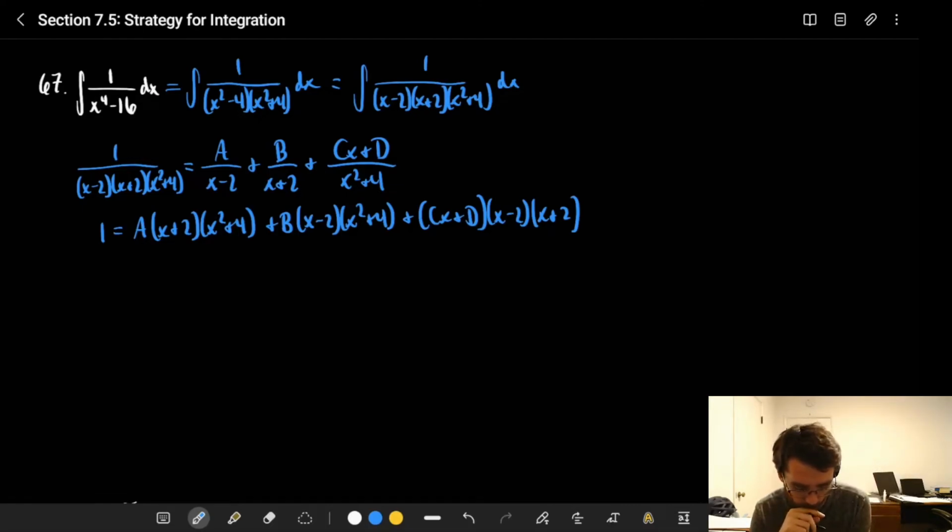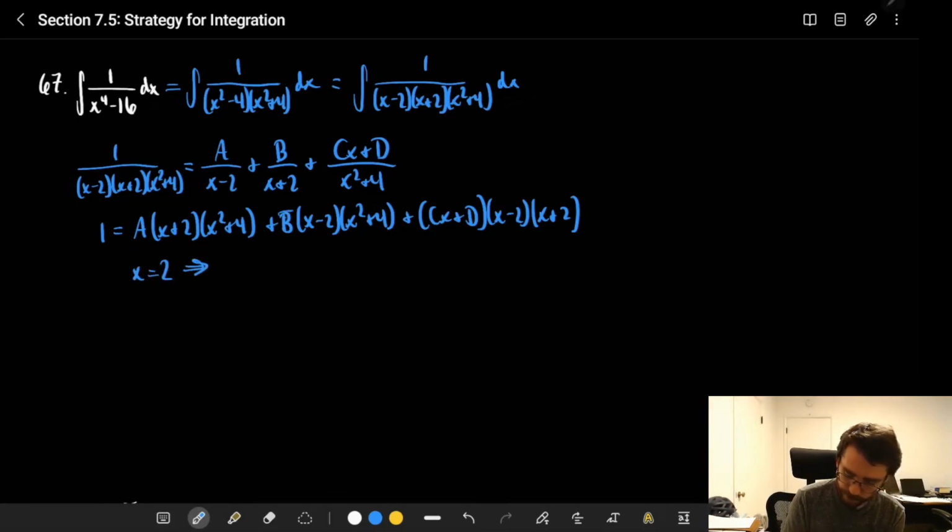Actually, no. If I plug in 2... Yeah, I can plug in 2 and be safe. 2 will cancel out everything here, because there's x minus 2 in each of those. And that's saying 1 equals a times 4 times 8. Wow, okay. So a is 1 over 32. Hope that's right. Try x equals negative 2 next.